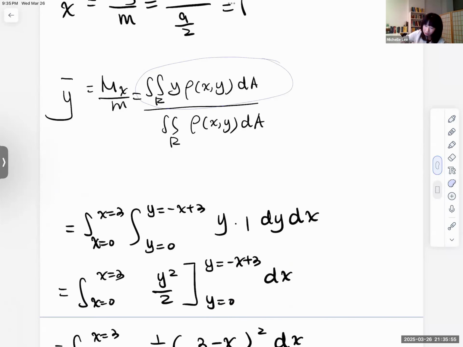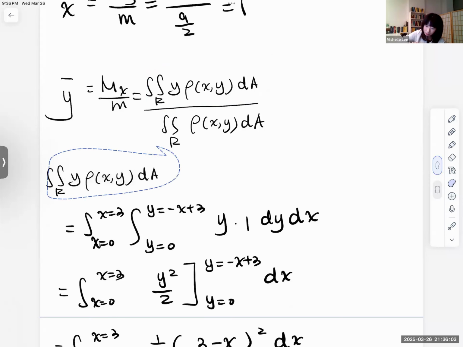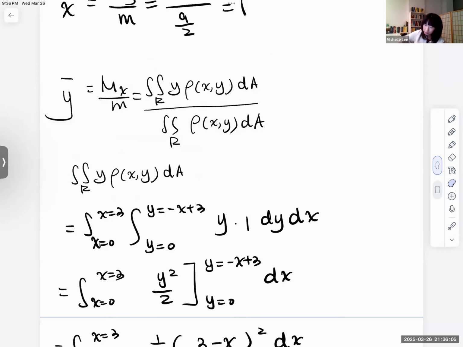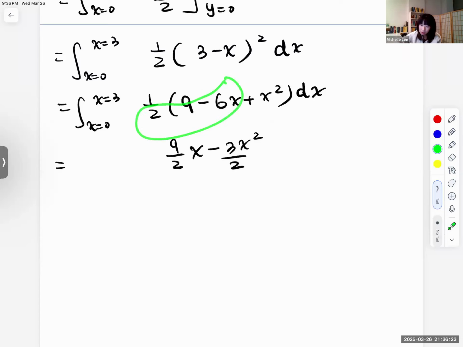Okay, copy, paste. All right, integrate: 9x minus 3x to the second power over 2. I distribute, then that's negative 3, and then integrate x squared over 2.